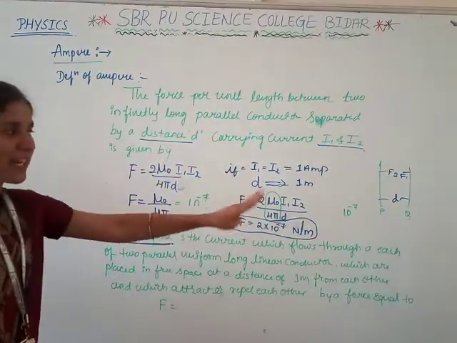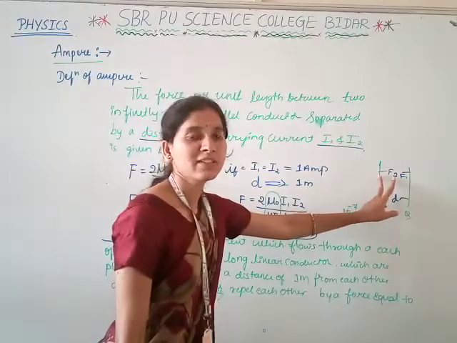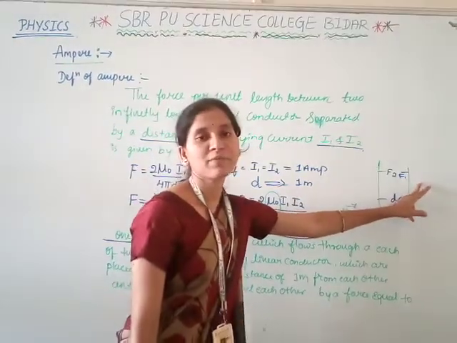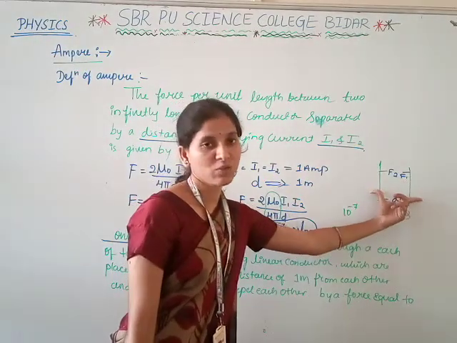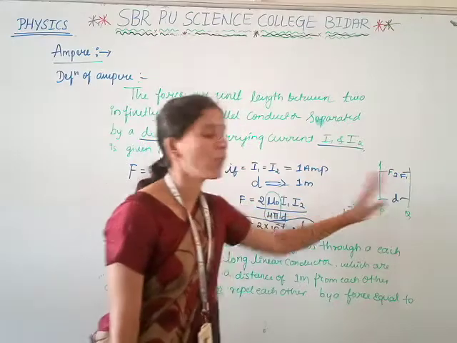Okay, it may attract or repel, but the current value I1 and I2 is 1 ampere. When it is 1 ampere, the distance between the two parallel conductors is 1 meter.